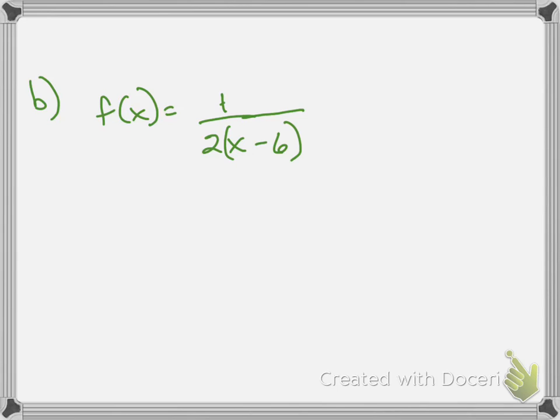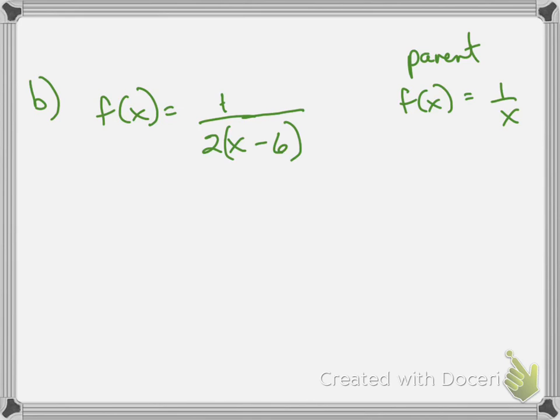Okay, let's say we have that. Well, if you strip away all the extra numbers, then the parent is what you would be left with, 1 over x. So it's the parent rational. So I see that 2 in front of the parenthesis.